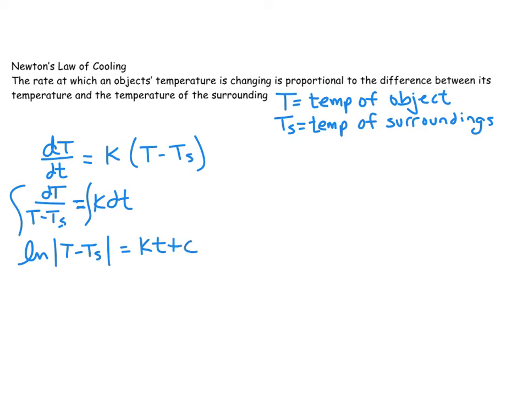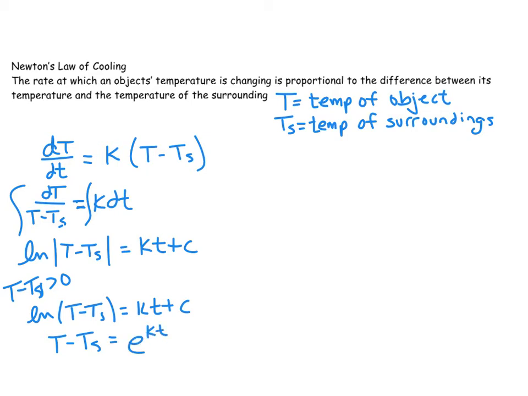We know that T minus T sub S is greater than 0, because if it's going to be cooling, the temperature of the object has to be greater than its surroundings, otherwise it would be heating up. So we know that's positive, so we have the ln of T minus T sub S equals kt plus c. And if we solve that, we know that T minus T sub S is going to equal e to the kt plus c.